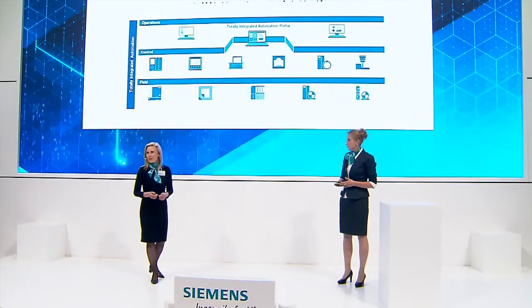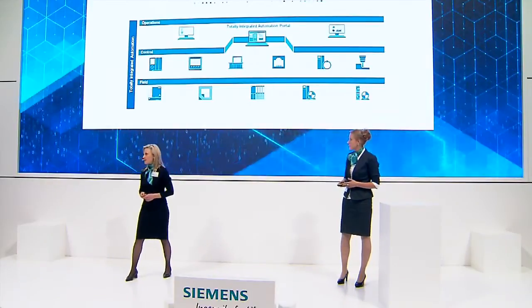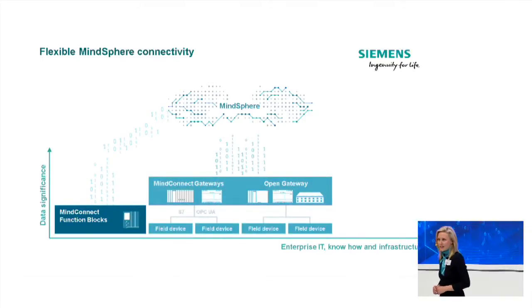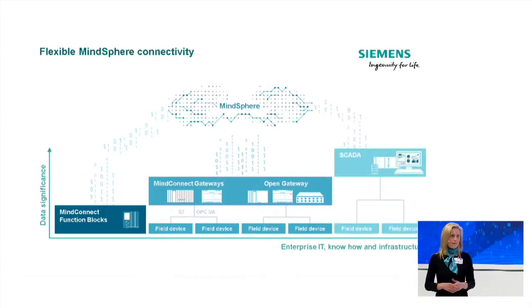And that's not all. To connect to further levels, such as office level, or to connect to cloud solutions, such as MindSphere, a perfectly fitting network as a backbone is needed. Connecting to the MindSphere from each level of the automation environment, what does that mean?